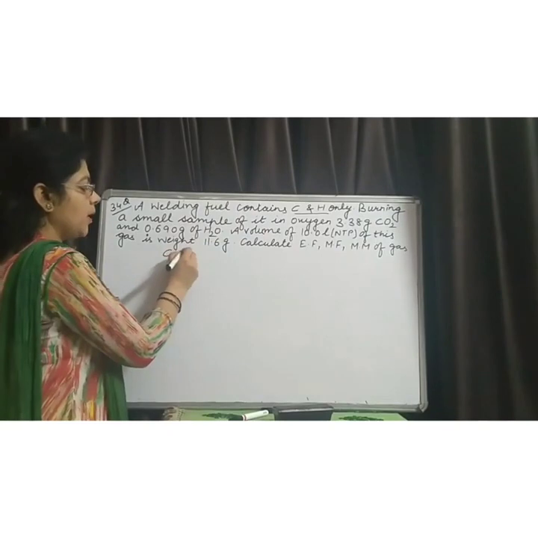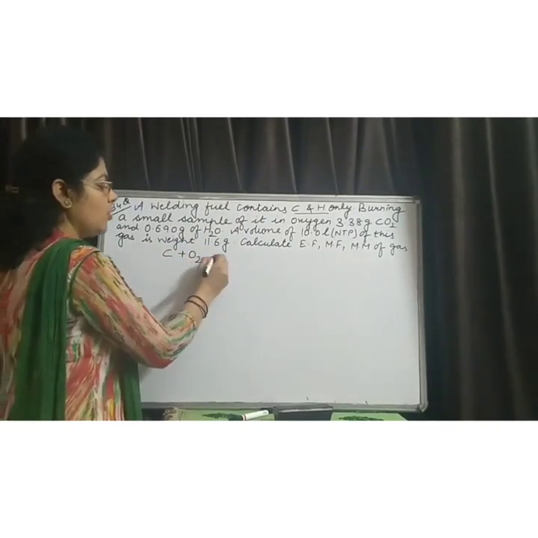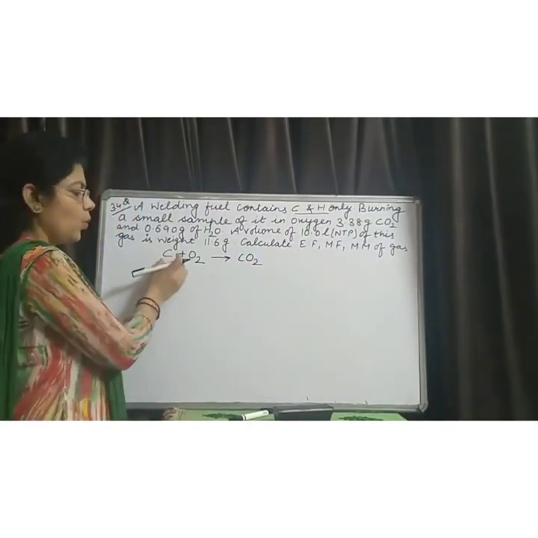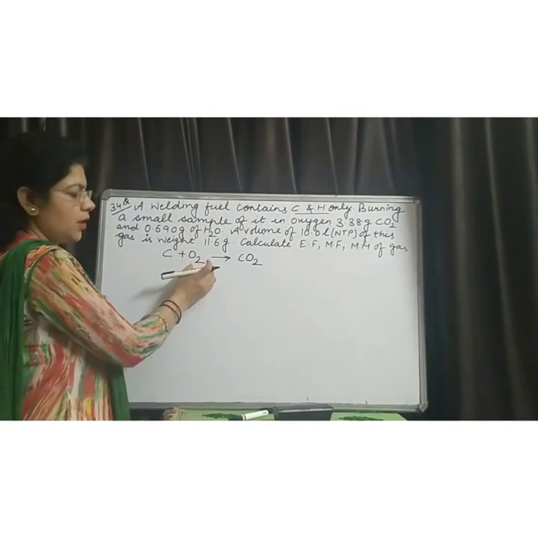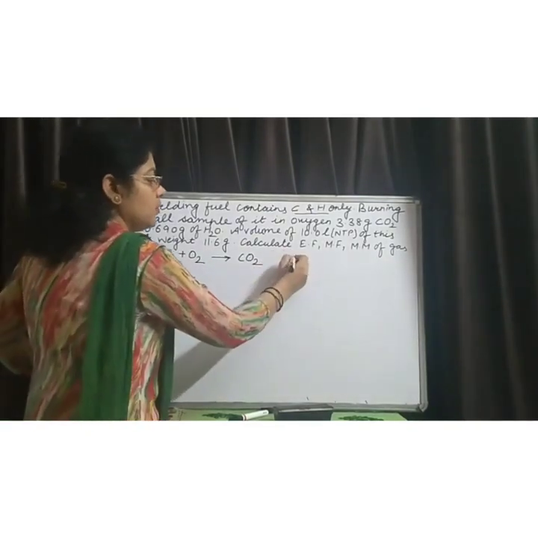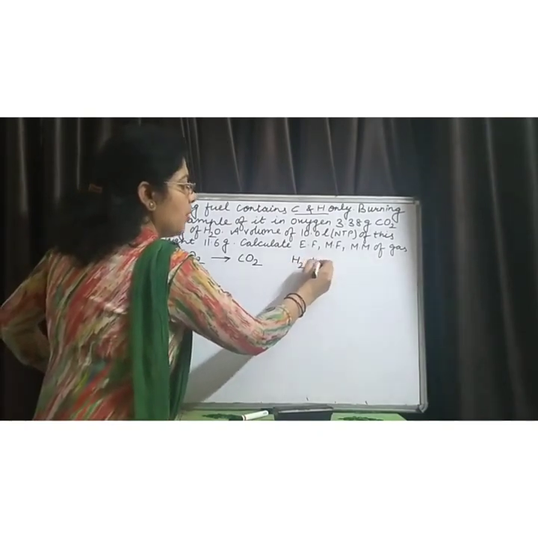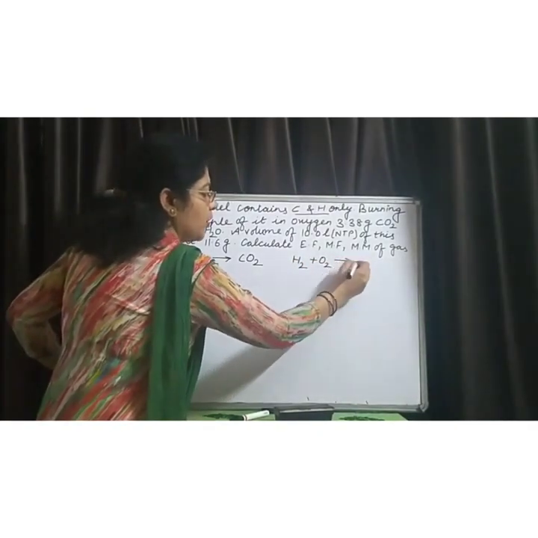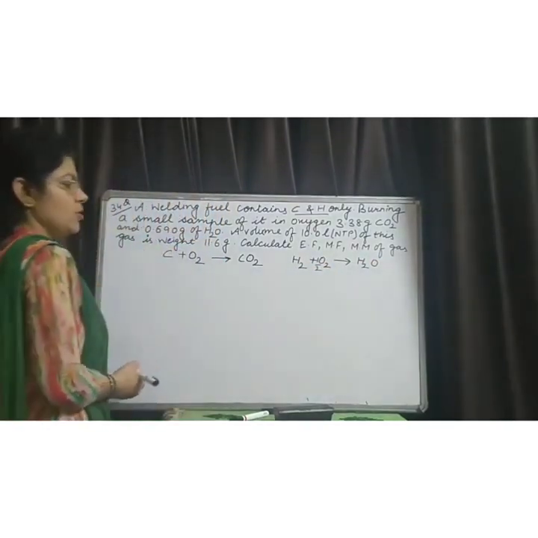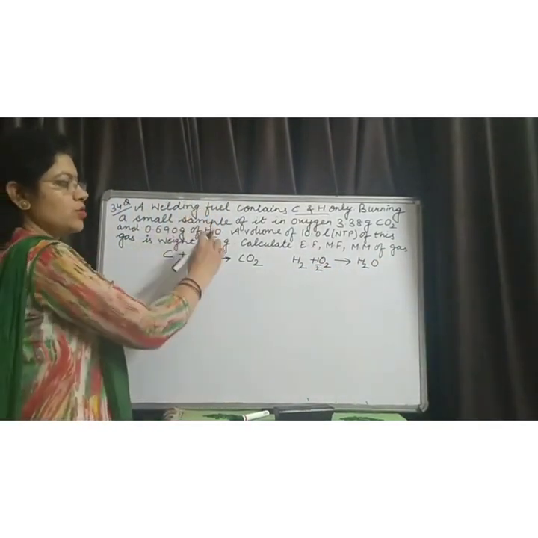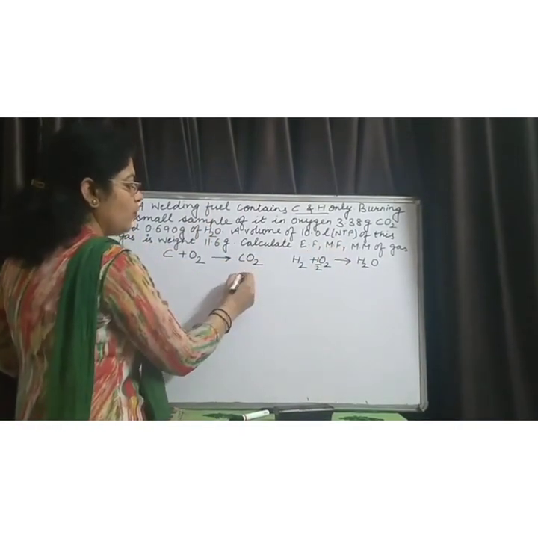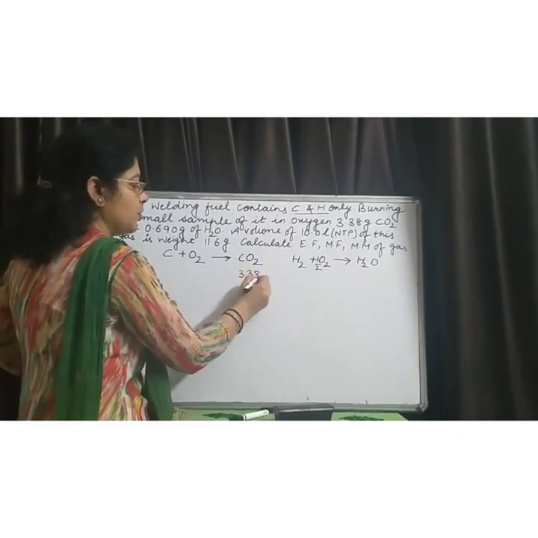When carbon burns in oxygen, it produces carbon dioxide, and when hydrogen burns in air, it produces water. So first of all, in this question, it is given to you that 3.38 gram of carbon dioxide is produced.